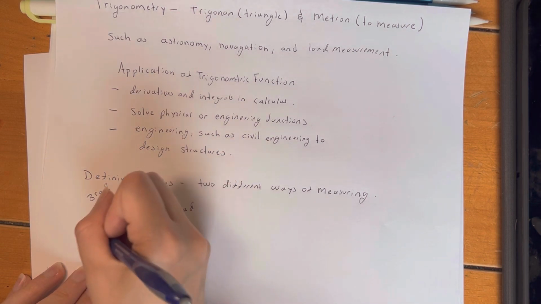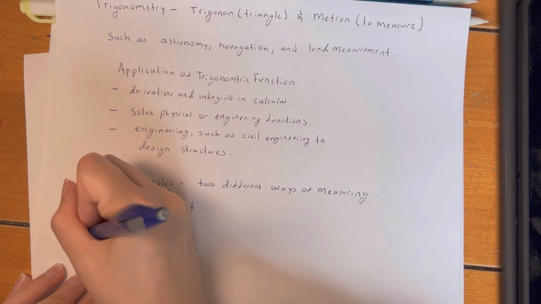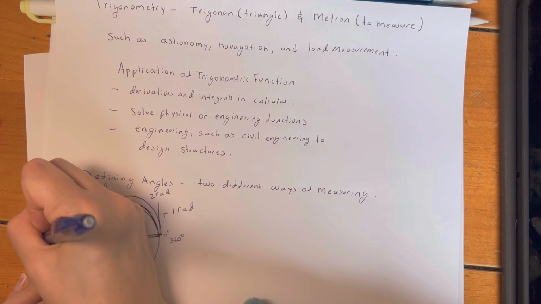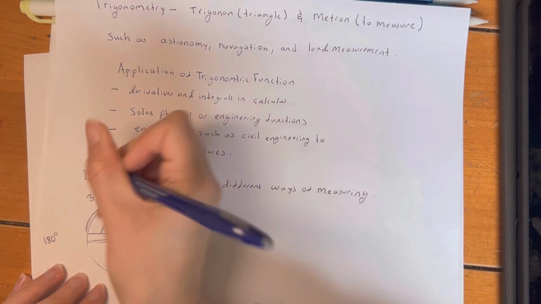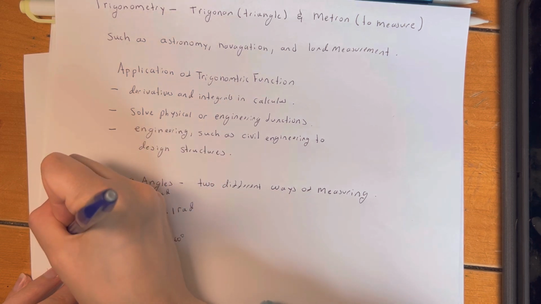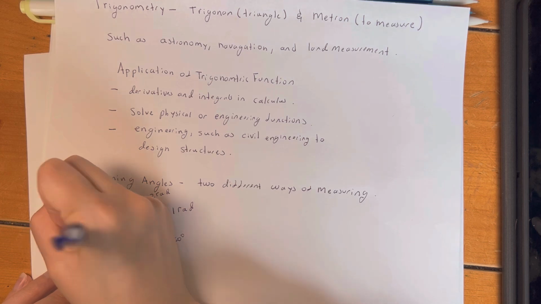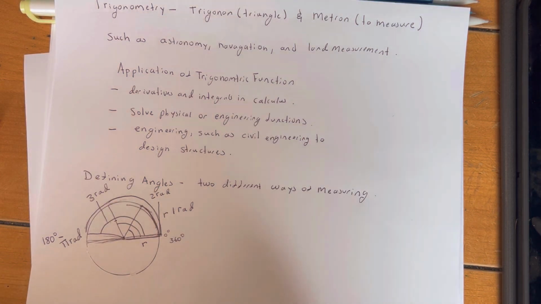Now let's say we went fully. For 180 degrees, we have found out that this here is pi rad.